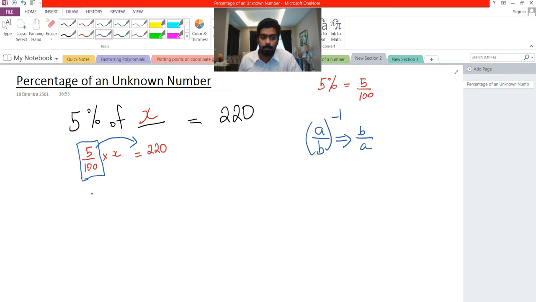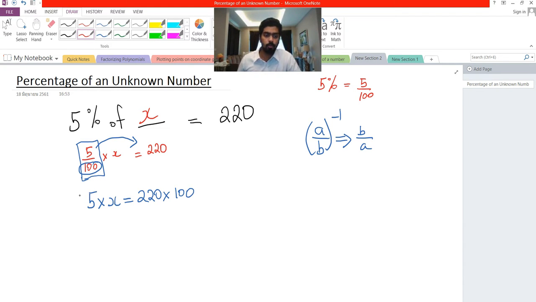So we have 5 multiplied by x is equal to, we did not touch the numerator at all, we are only getting rid of this denominator, 220 multiplied by 100.